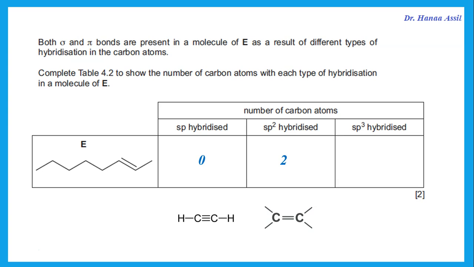So for sp2, I have 2 carbons, because we're asked for the number of carbon atoms. Now sp3 is any carbon that makes 4 single bonds. If we count how many carbons here, it is a total of 6 of them making 4 single bonds.